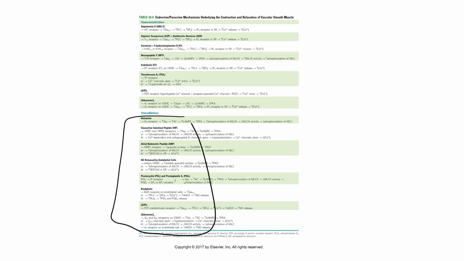So this could be literally an entire semester-long course, almost just going through all of the different means by which smooth muscle within blood vessels can be caused to contract and relax through different neurotransmitters and through different hormones and chemical messengers.